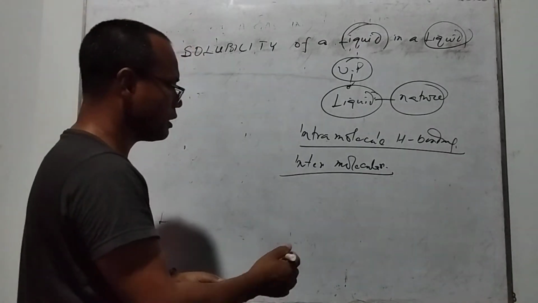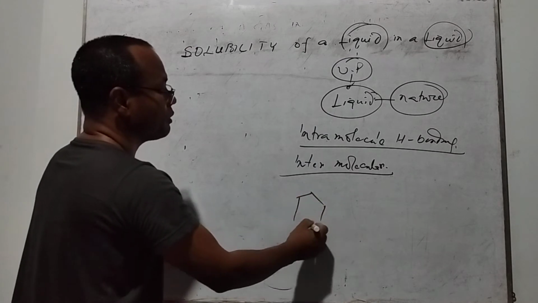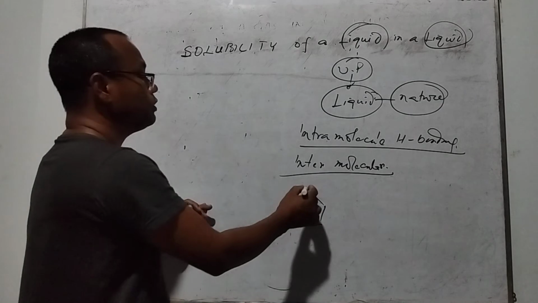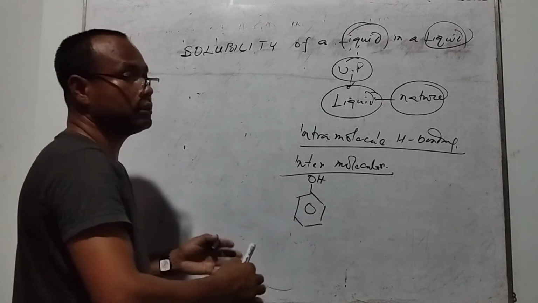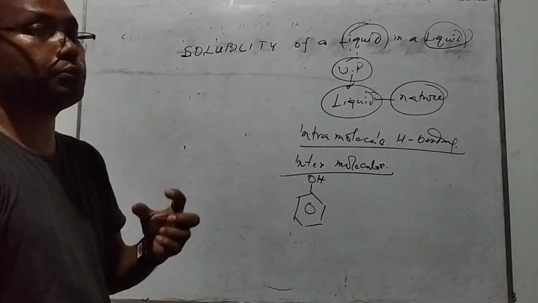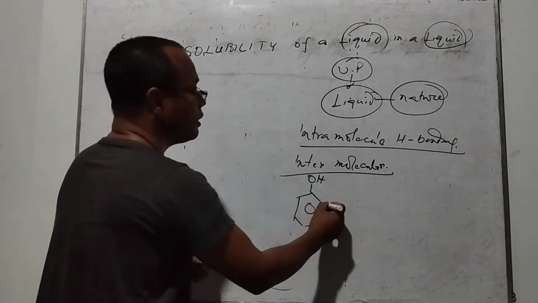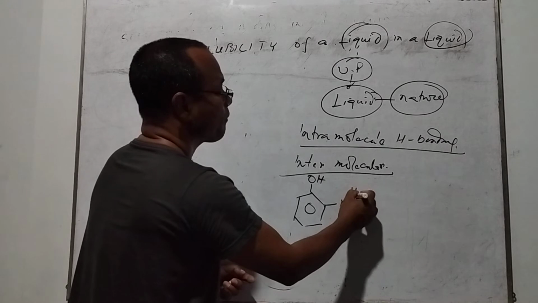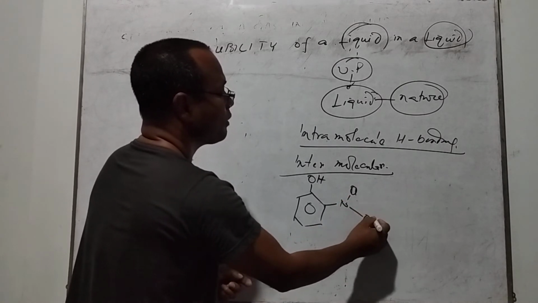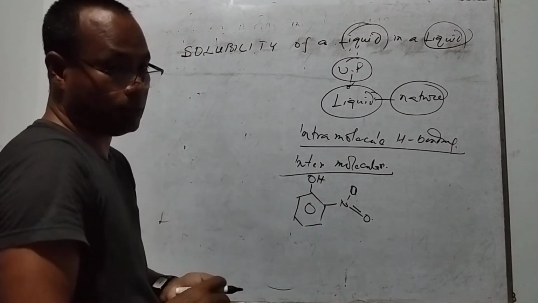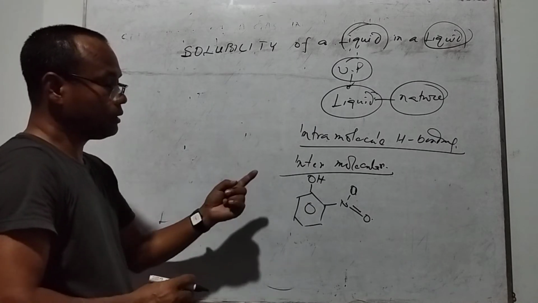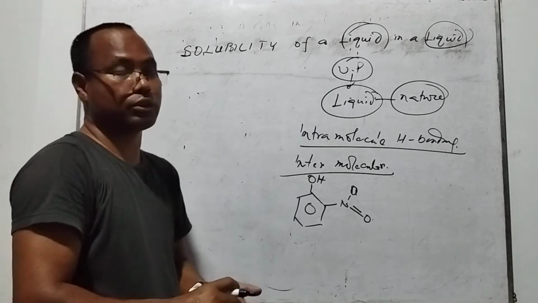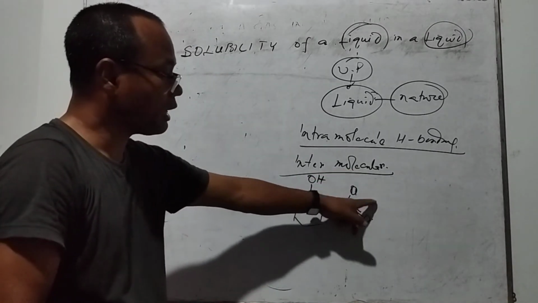For example, in chemistry, one of the compounds that we show you: this is the benzene ring, as we know. If I write an OH, that is the compound phenol, right? One of the hydrogens is substituted by one of the groups. Here I write one of the compounds. This is NO2, which I write in the form of the bonding structure, what we call the nitro group.